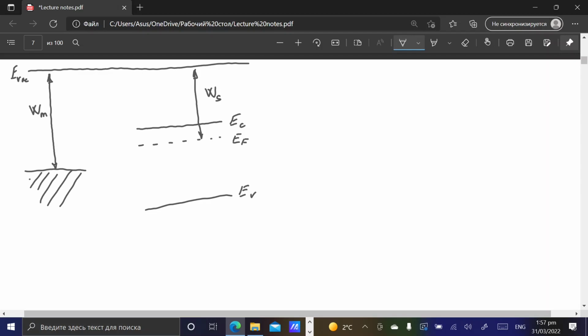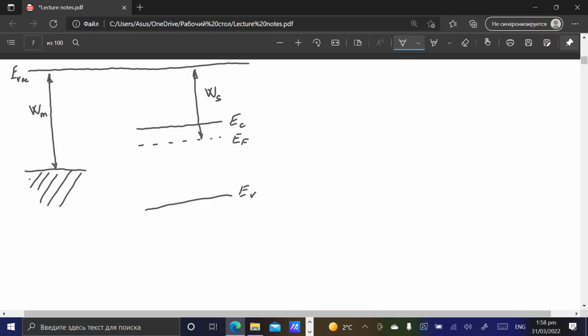So, from your point of view, in which direction will the net flux of electrons be, looking at this energy diagram? That means from metal to semiconductor. So net, I need to underline. It is the difference between the two, and what is dominant, that is the net flux.